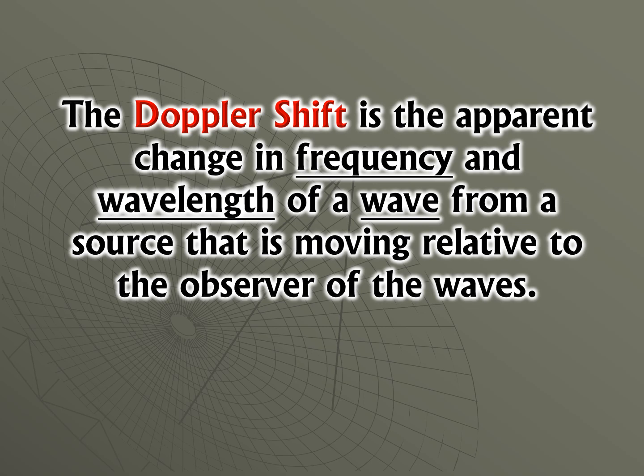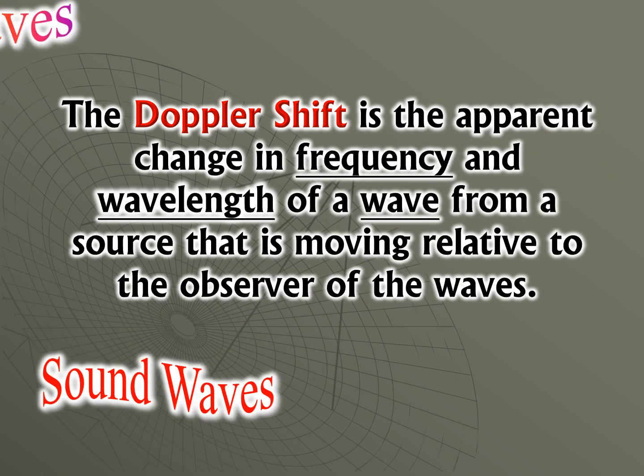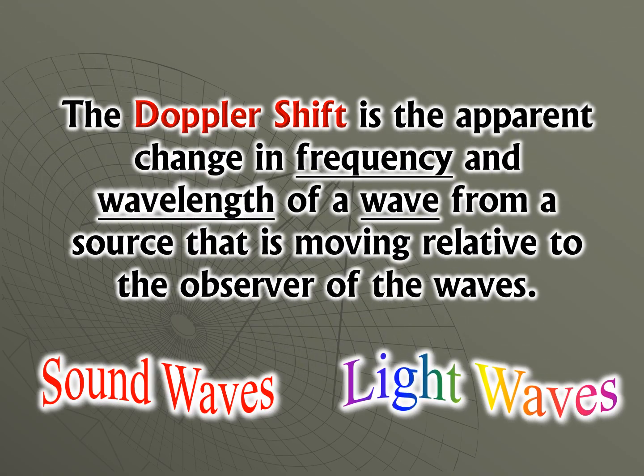So, if a source is moving toward you and sending out waves, what kind of waves? Well, they could be sound waves or light waves, any kind of waves. If they're moving toward you and sending out waves, that changes the wavelength.